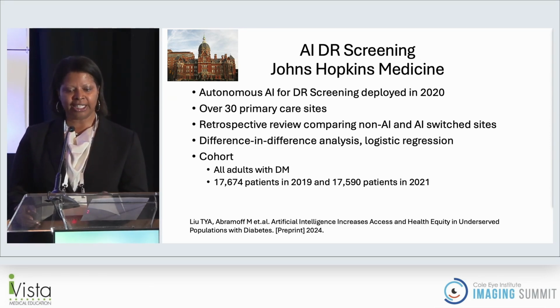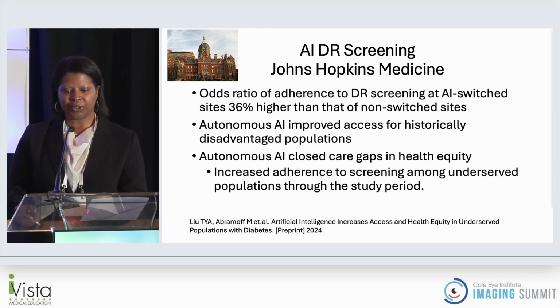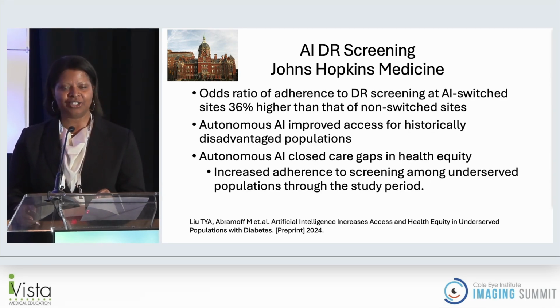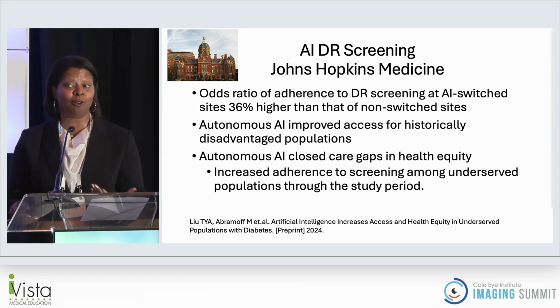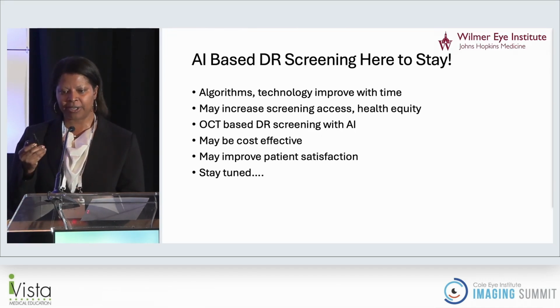So this study reported that over 17,000 patients were imaged with AI, and potentially the advantage of doing the AI screening, as reported by the authors, is that it improved access for historically disadvantaged populations and may be helpful in closing care gaps and increasing health equity in underserved populations in the study period.